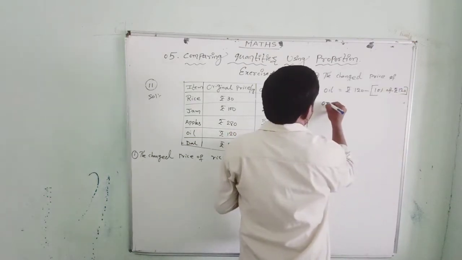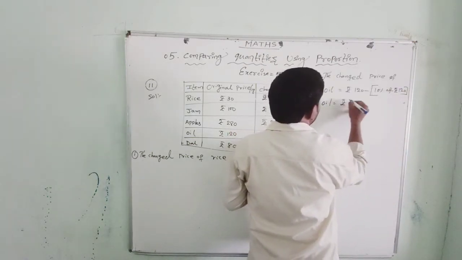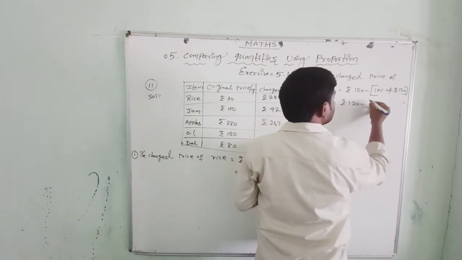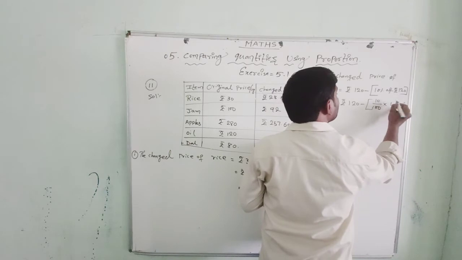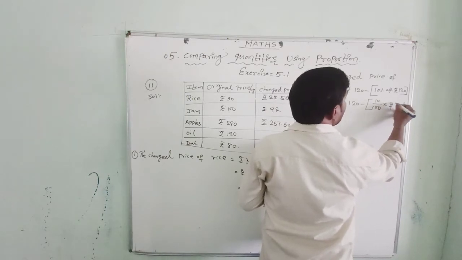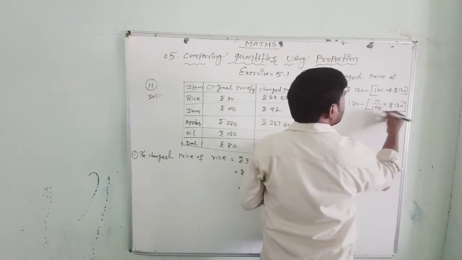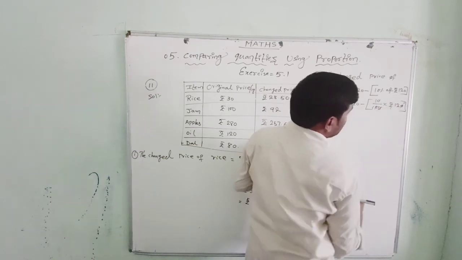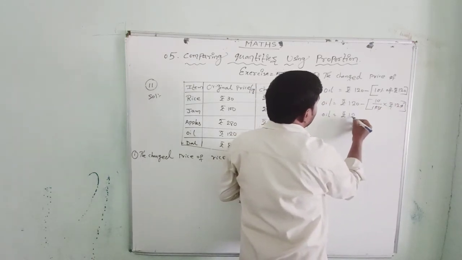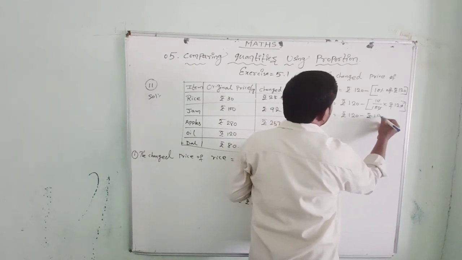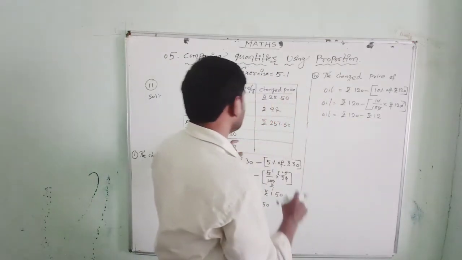So oil equal to rupees 120 minus 10 by 100 into rupees 120. 10 and 10 will cancel, 10 and 10 also cancel. Rupees 12. Oil equal to rupees 120 minus rupees 12. So 12 rupees is reduced.